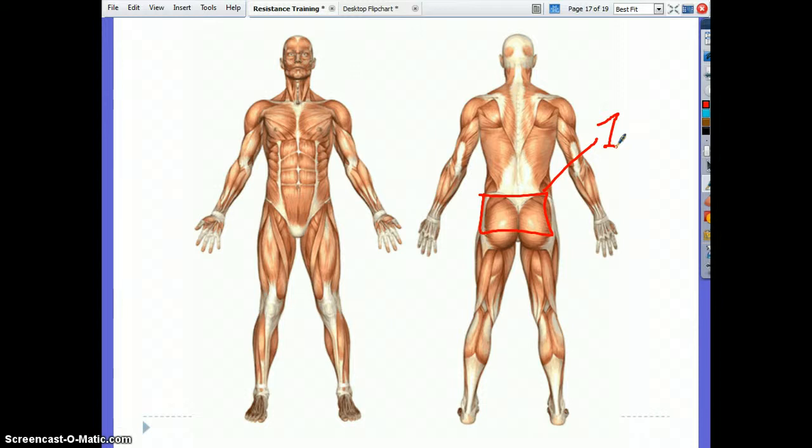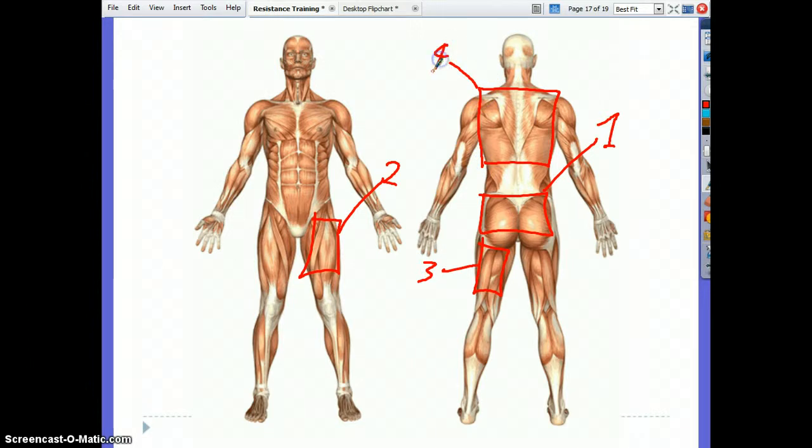Next is the second largest muscle group, which is going to be the quadriceps. They're number 2, and the hamstrings come in third. Next, we look at another huge muscle area, which is our back, and that's going to be number 4.